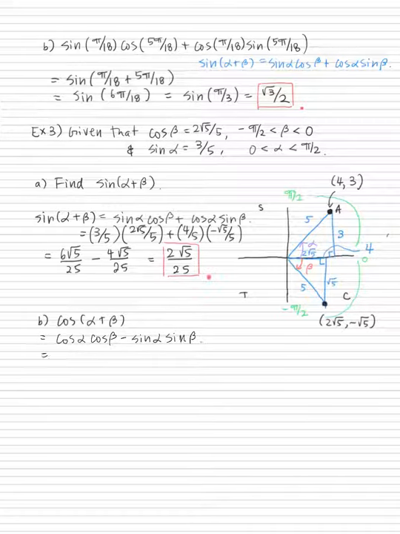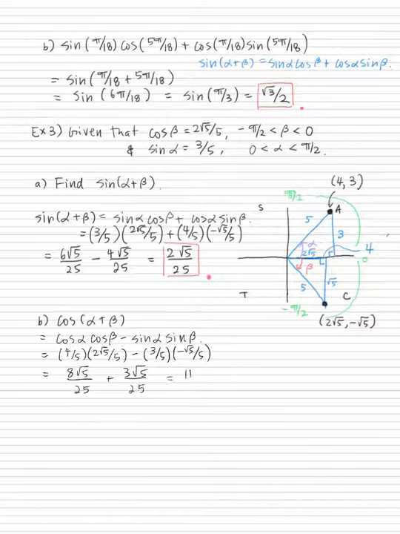Okay, so what's cosine of alpha? 4/5. Cosine of beta is 2√5/5. Minus sine alpha is 3/5. And sine of beta is -√5/5. So what do we get here? So we're going to have 8√5/25 and plus 3√5/25.